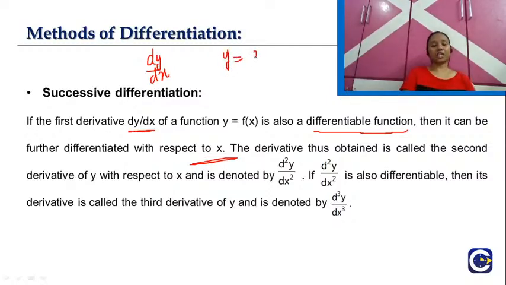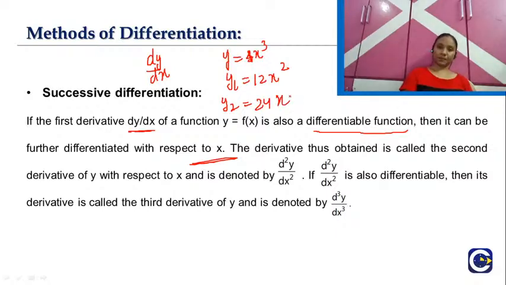So we have taken our y is equal to x to the power 4, I guess. Okay, and our y1 is 4x cube, and our y2 is 12x square. So here we can see we are having the x, so we can further differentiate it. Right, so that will be our next derivative, that is 24x. Right, so here I am having the x term again, which can be further differentiated.